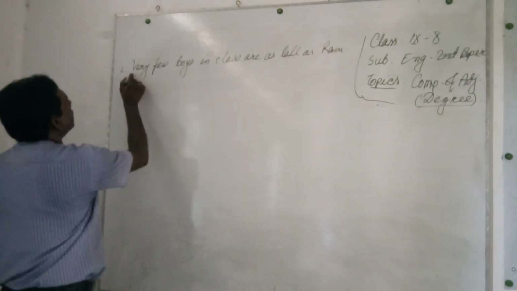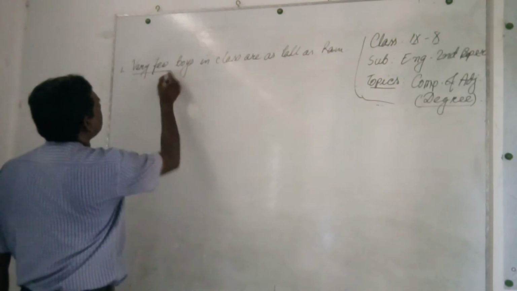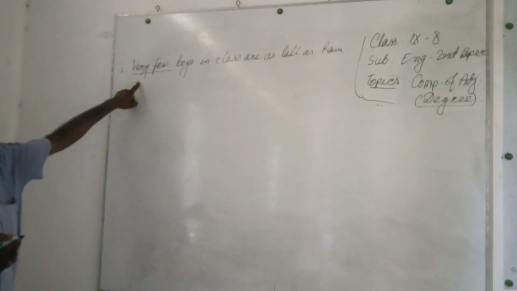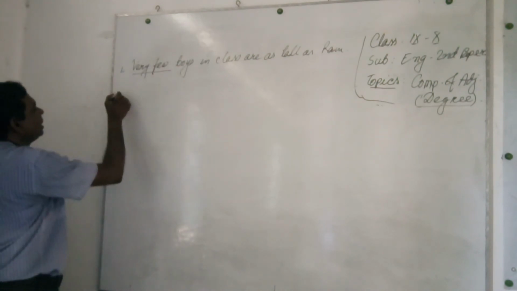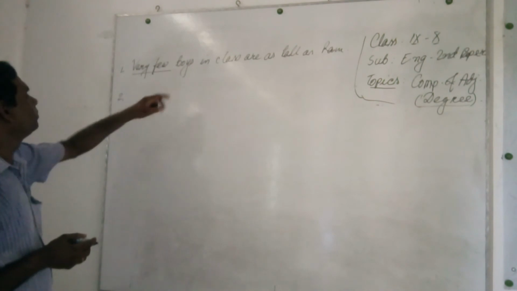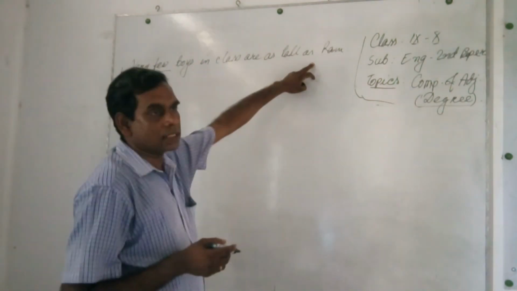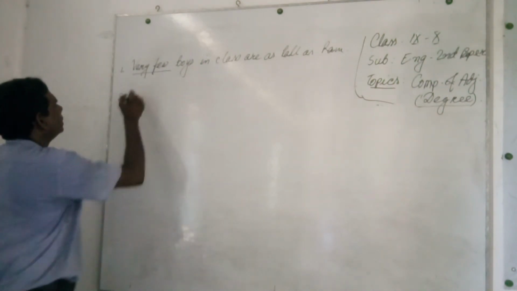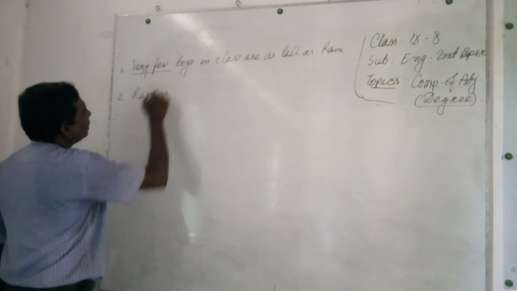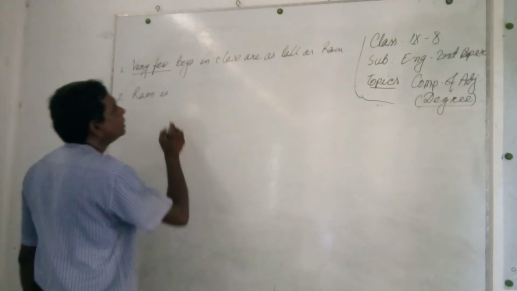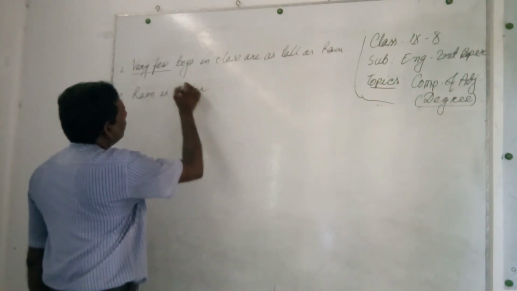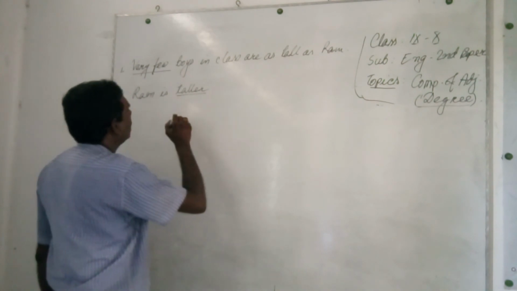Here the starting words are very few and it is in the positive degree. Now we change it into the comparative degree. So we use the last subject, Ram is taller. Comparative form taller.